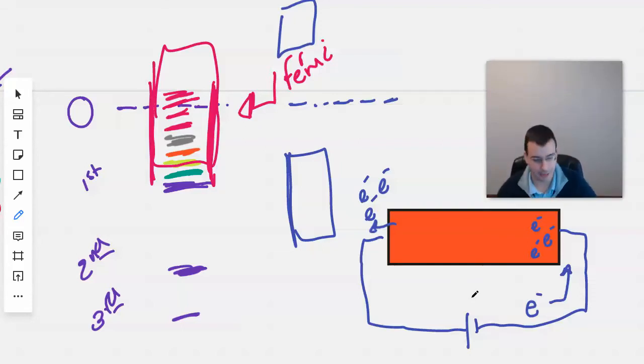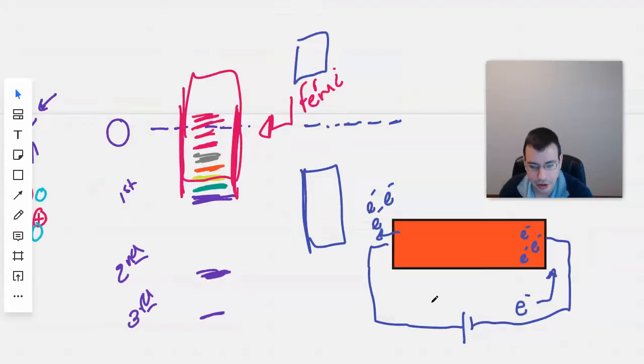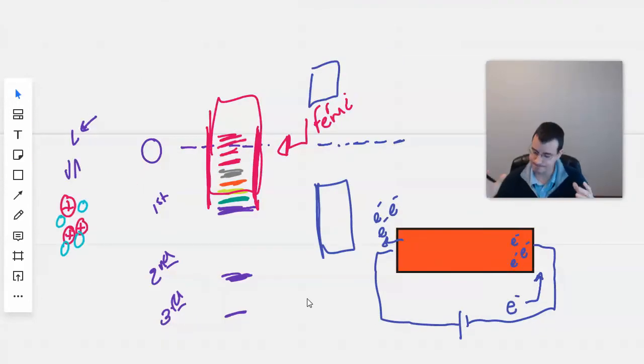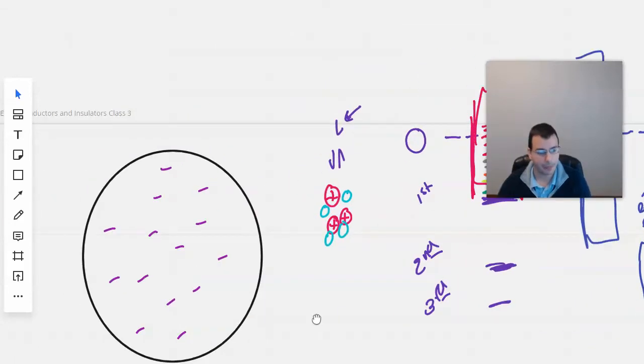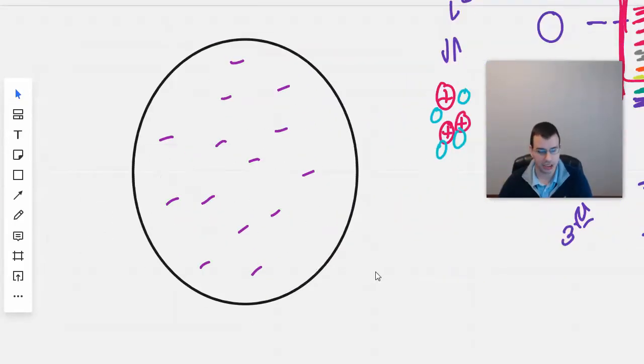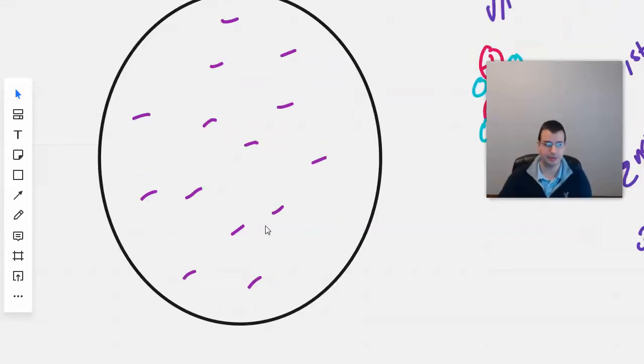So now there are a few, not caveats, but implications for this. So one implication is, I drew a conductor like this with just free-flowing electrons. Let's say instead of this being 3D, this is actually just 2D for this example, like a slice.